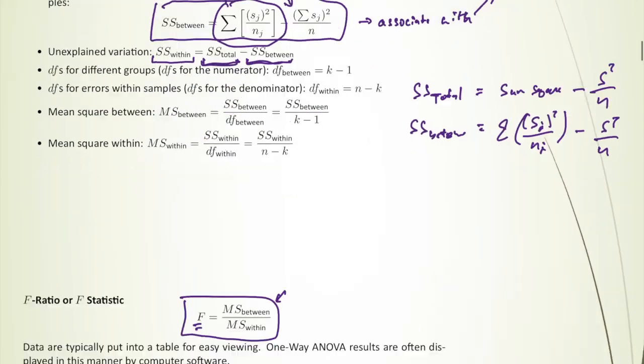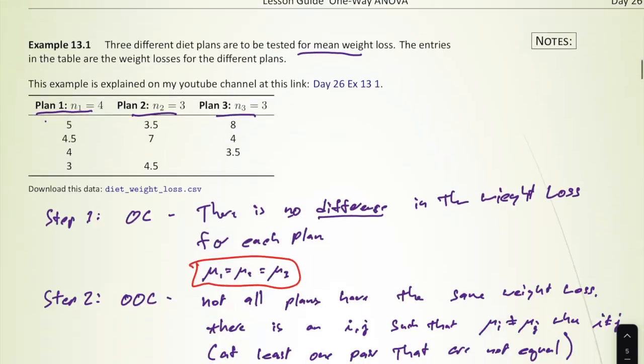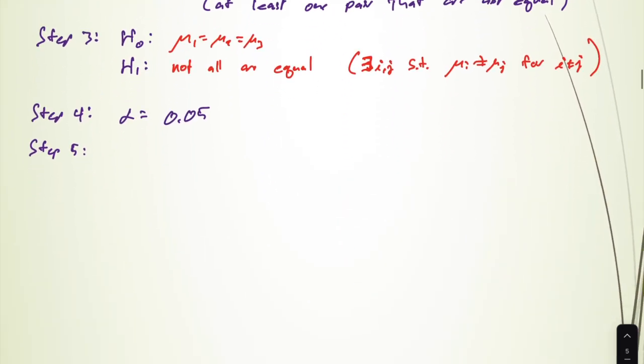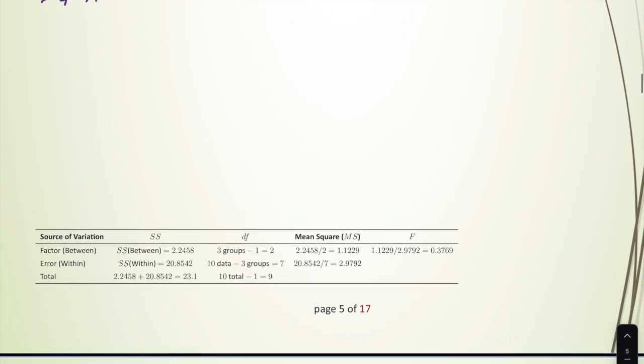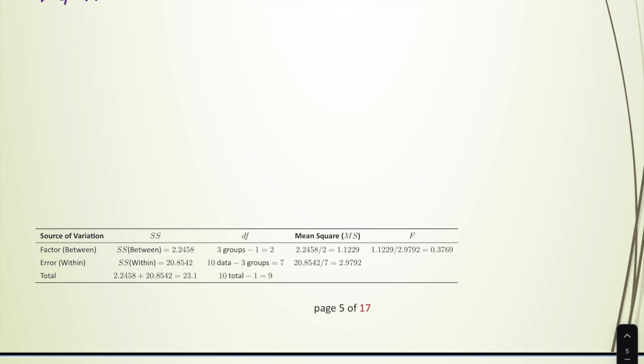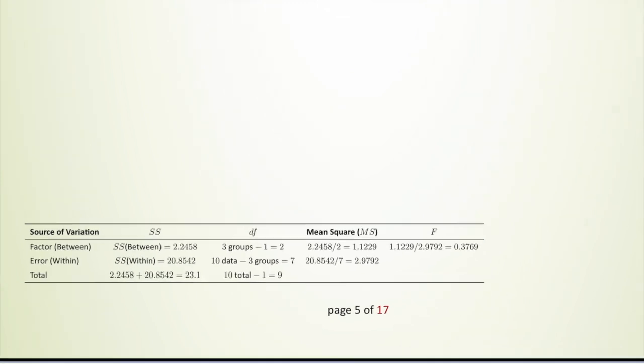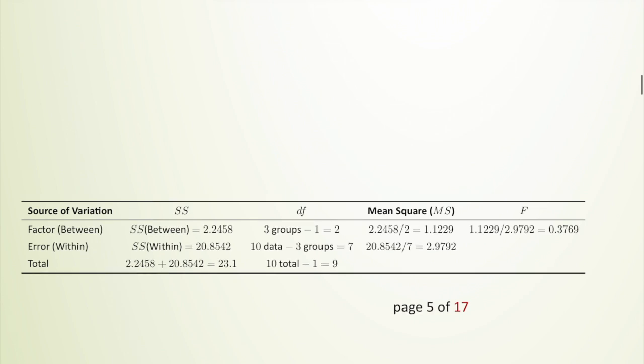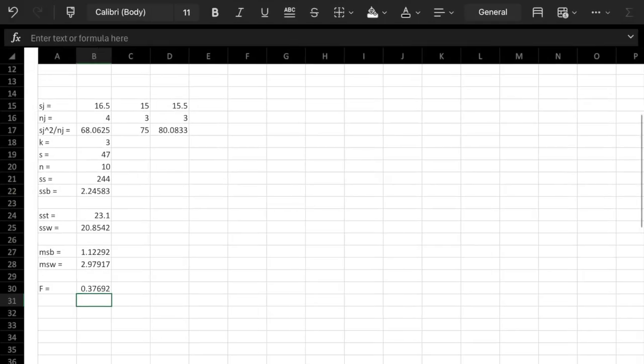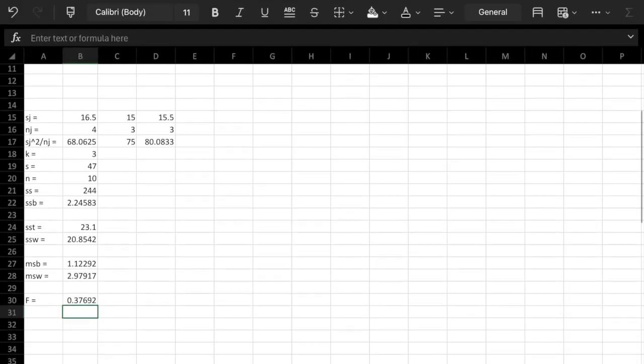Now let's just go back here to our example. If I come down here, you'll notice this right here came right from the book, and all of our numbers match. Let me grab a screenshot of all of this.